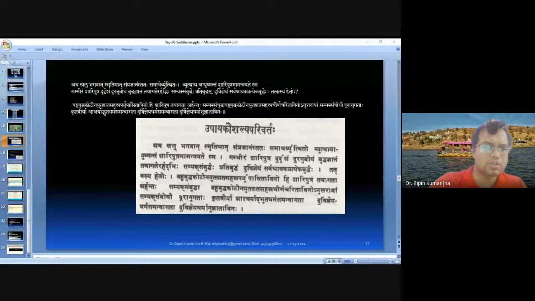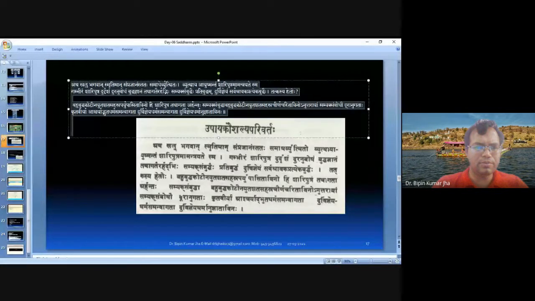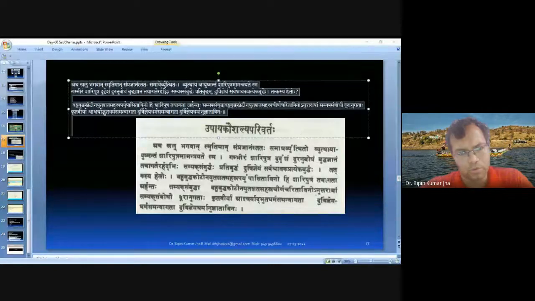Those who are able to read Devanagari script, for them there is no issue at all. But for those who are not able to read Devanagari, I am providing the transliterated form. Meanwhile, I'm giving it.